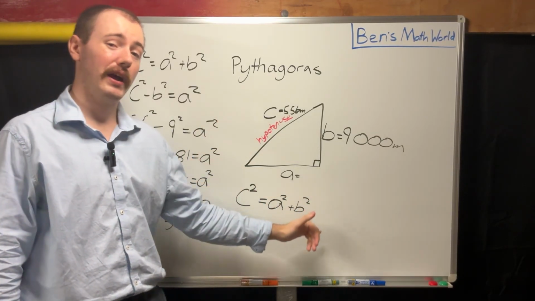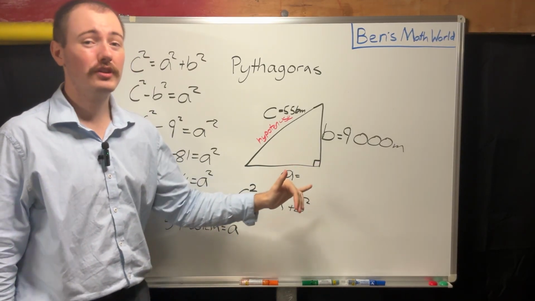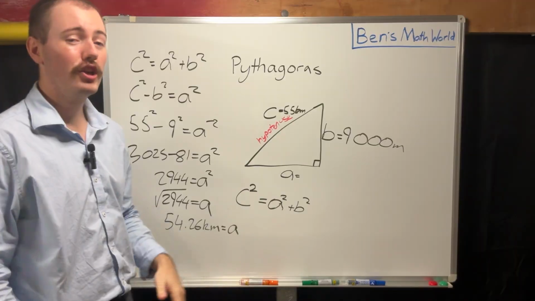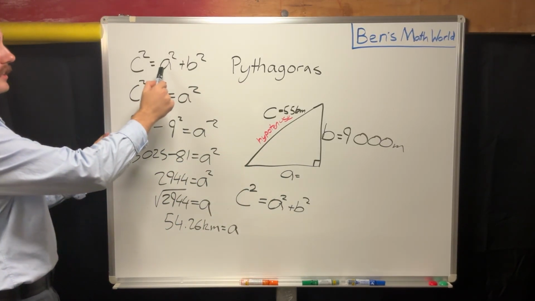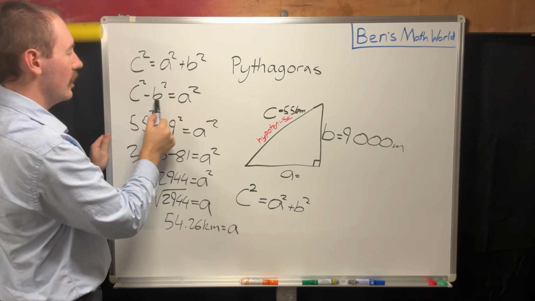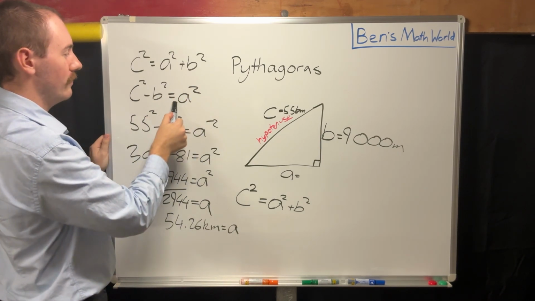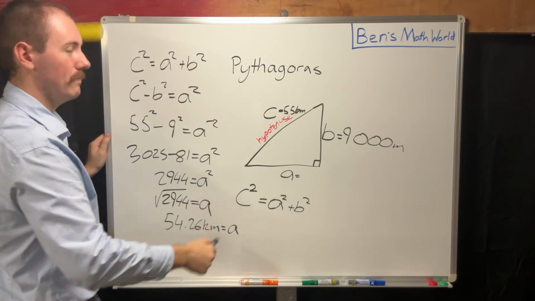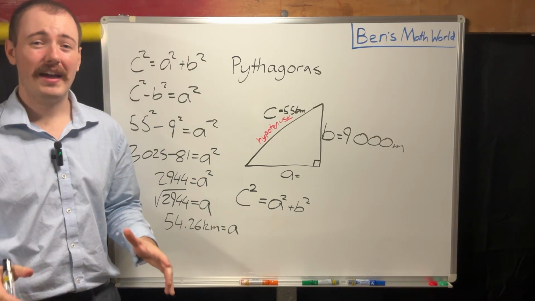And don't forget to square root that side once you're towards the end. But when it's these other two that you're missing, the shorter sides, you're going to have to rearrange the equation, okay? And you do that like we did in this question by taking away the one that we have, so that we're left with an isolated variable of the one that we're missing, and that way we're solving for that, okay? Now that's been Pythagoras Theorem.